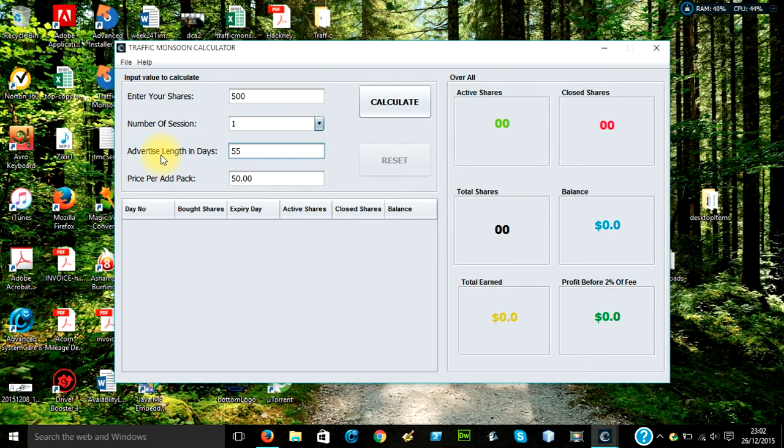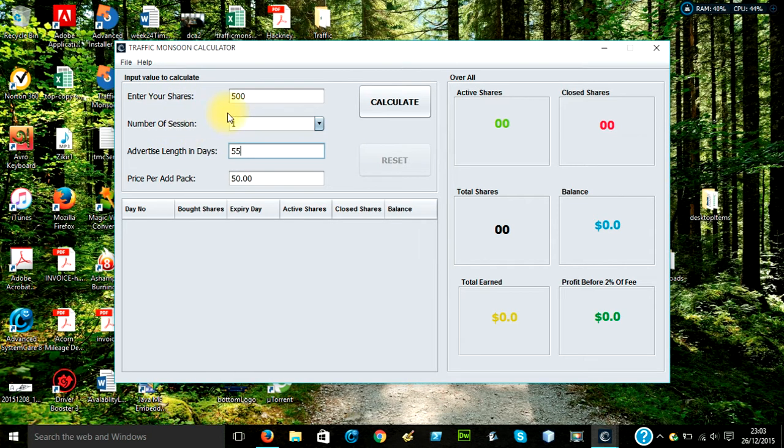We know in Traffic Monsoon, if you buy the advertise, the ad pack will expire in 55 days. That's why I give a field here, because in future if they change the days, suppose they bring it to 30 days, say the ad pack will expire in 30 days, then you can put 30 days here.